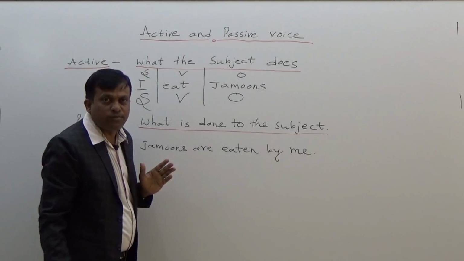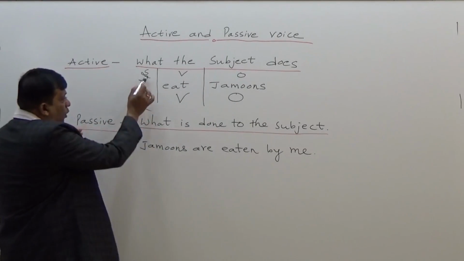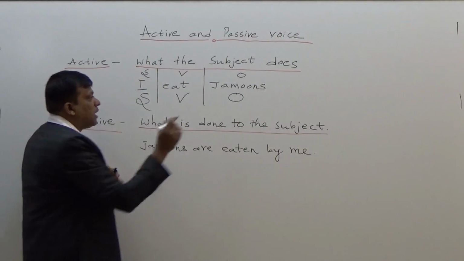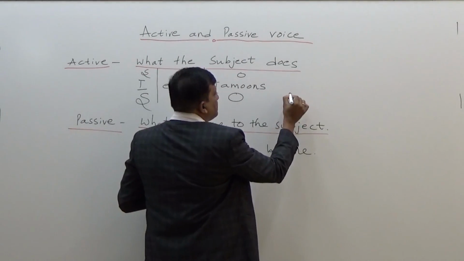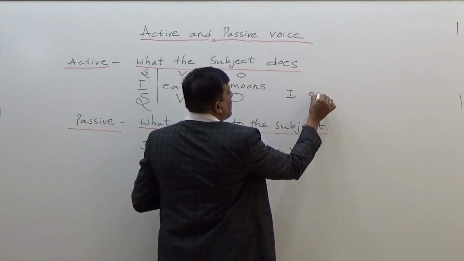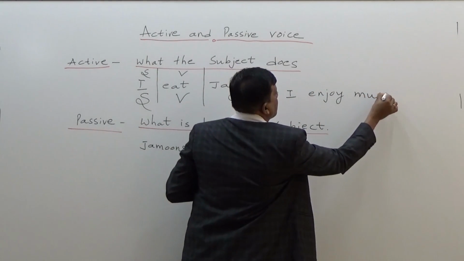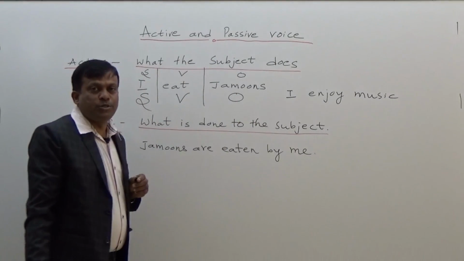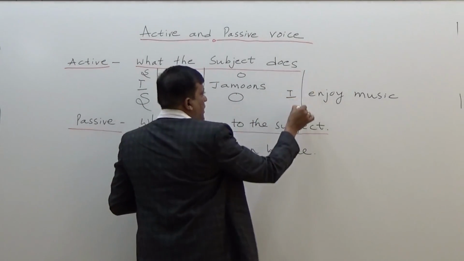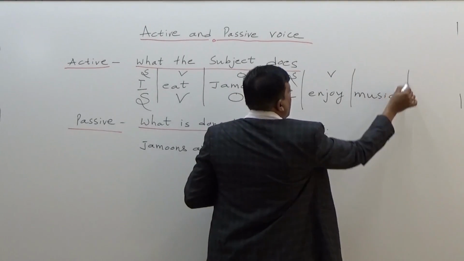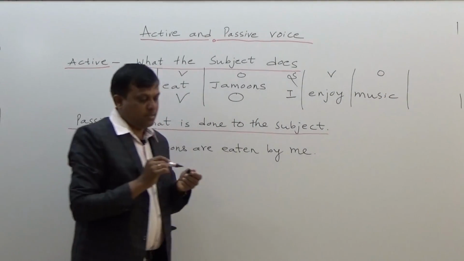Jamuns is in the place of object. Now what the subject does? Let me clarify one more example here. I enjoy music. See here, I is subject, enjoy is verb, and music is object.